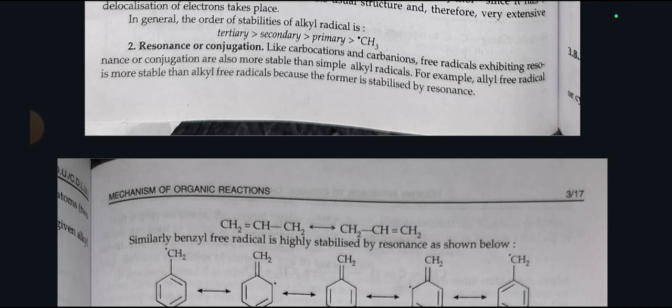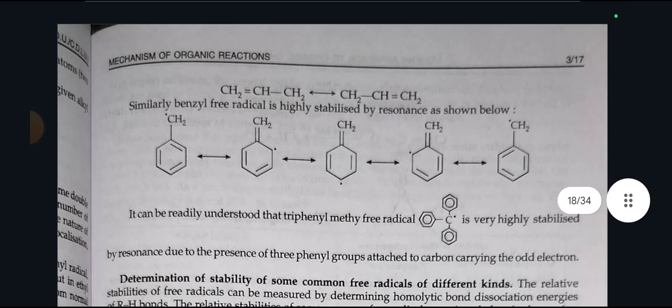Second, resonance or conjugation. Like carbocations or carbanions, free radicals exhibiting resonance or conjugation are also more stable than simple alkyl radicals. For example, allyl free radical is more stable than alkyl free radical because the former is stabilized by resonance. CH2 double bond CH single bond CH2 dot, CH2 dot single bond CH double bond CH2.